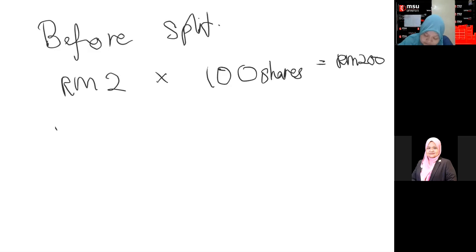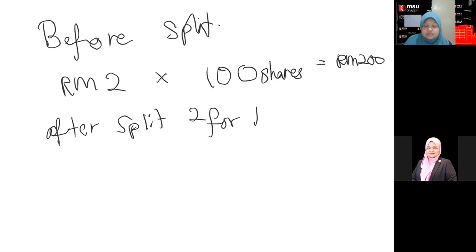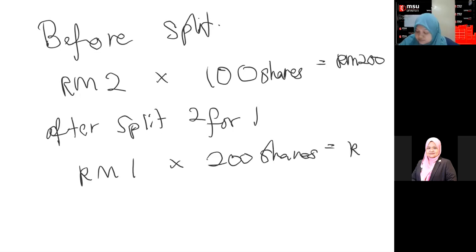But after the split, 2 for 1, the price decreased to 1 ringgit. And the number of shares now is 200 shares. Still, the value is the same. Nampak? Can you see that?